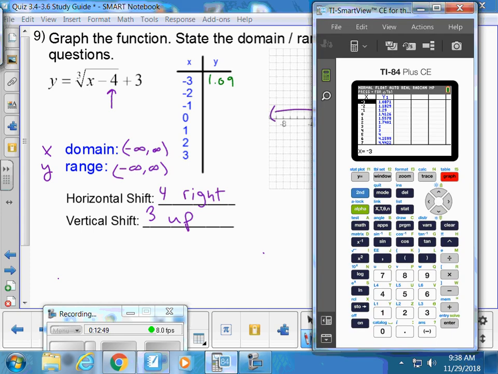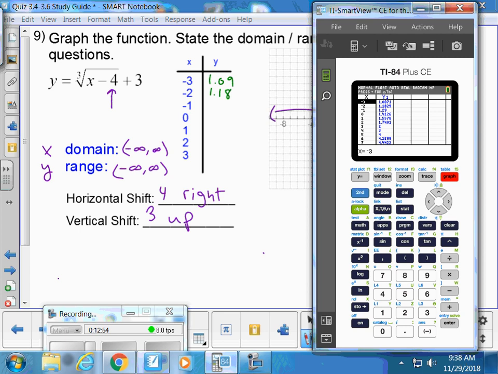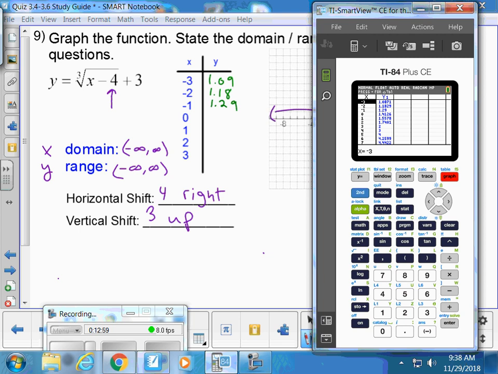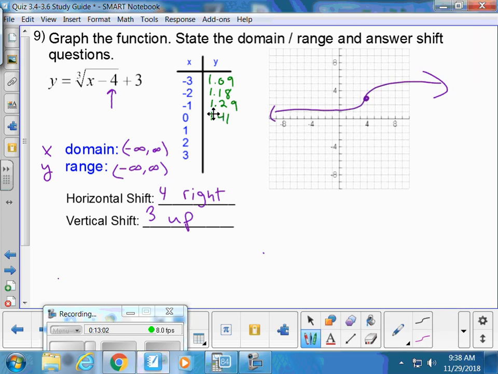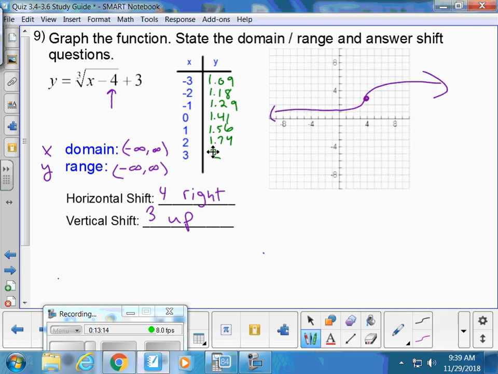And then 1.18, 1.29, 1.41, 1.56, just rounding to the nearest hundredth, 1.74, and finally 2. If you did have troubles with your graph, just please try a Zoom 6. Zoom 6 is always your best friend to kind of troubleshoot problems in graph world. Okay?